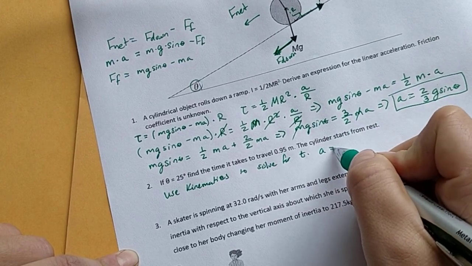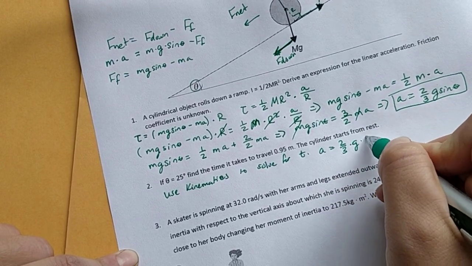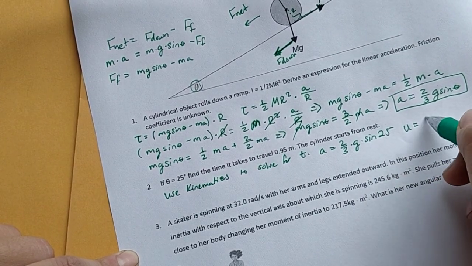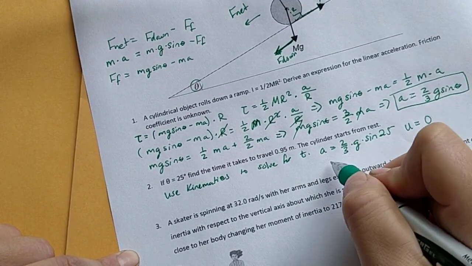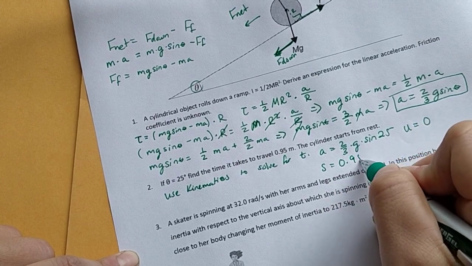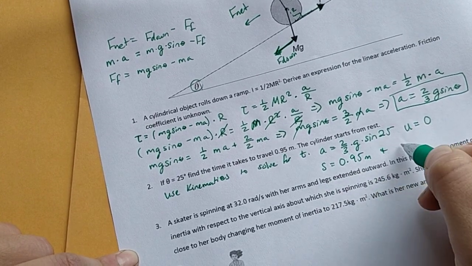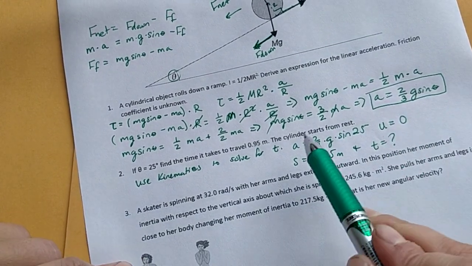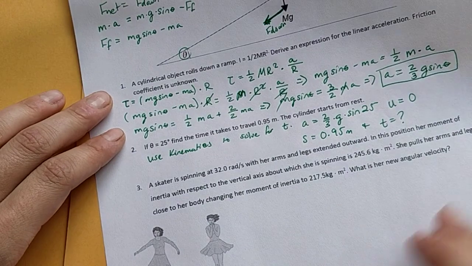A equals 2/3 times g times sine of 25 degrees. Initial velocity is 0. Your displacement is 0.95 meters, and you are looking for t. So find an equation that you can use to solve for this.